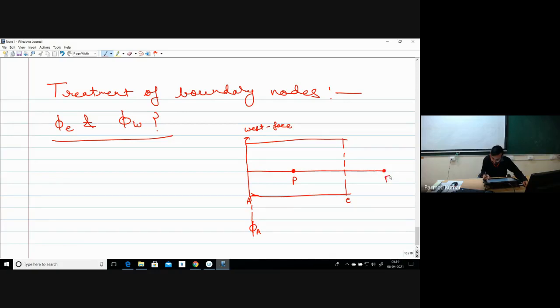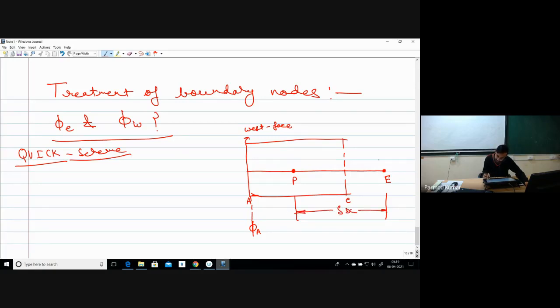When I have to estimate at this east face, let us consider I have to do it using the QUICK scheme. If I am considering the QUICK scheme, I have to consider two nodes in the upstream direction and one node in the downstream direction.